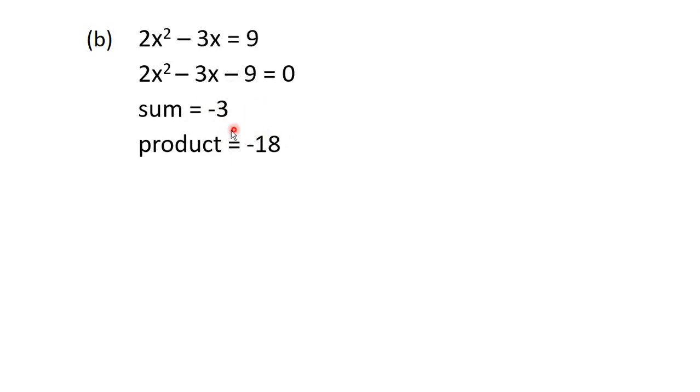9 and 3. 9 plus 3 gives us 12, but we have negative 3, so that is not possible. Then you would look at another pair like 9 and 6. 9 minus 6 is 3. What about 6 minus 9? 6 minus 9 gives you negative 3.